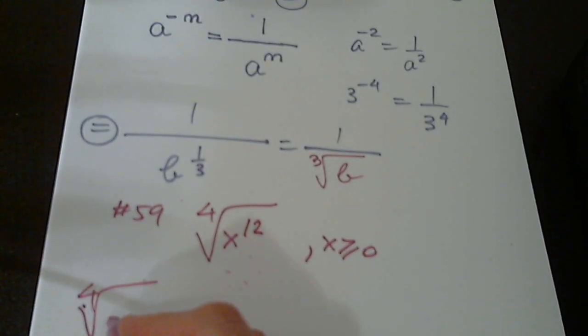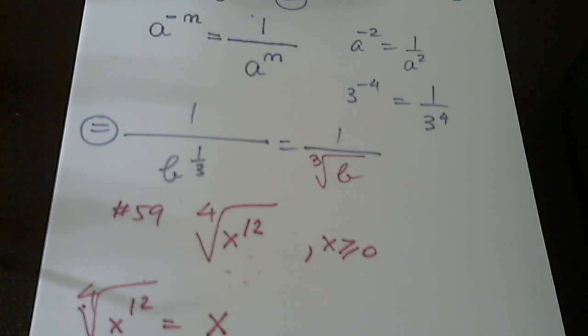So when I write, I have to, because I wrote over there, the 4th root, I have to rewrite it. Can anyone tell us how to write this radical as an exponential notation? X to which power? Please give it a shot.